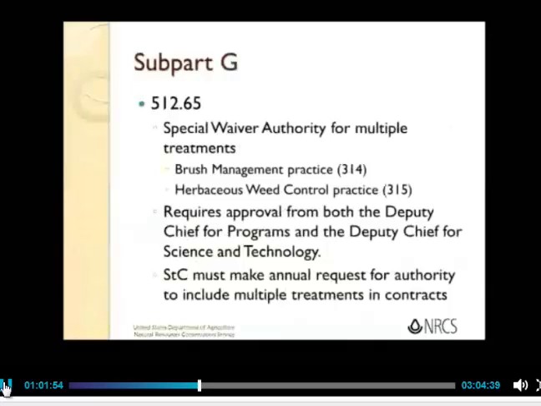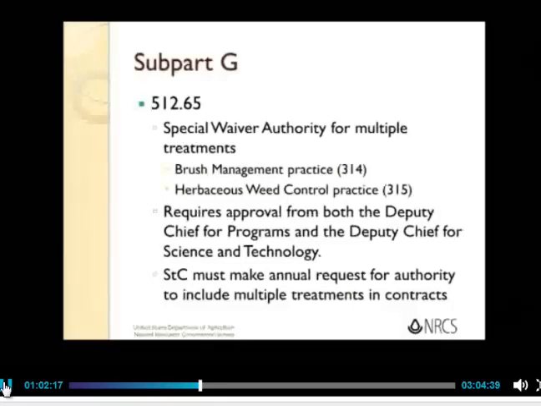This subpart G change is also a fairly significant change, and I'm going to only touch on it very briefly here because it's quite a lengthy piece of policy in 512.65, and I would encourage you to study it, and then we can maybe discuss it more later once you've had time to digest it.